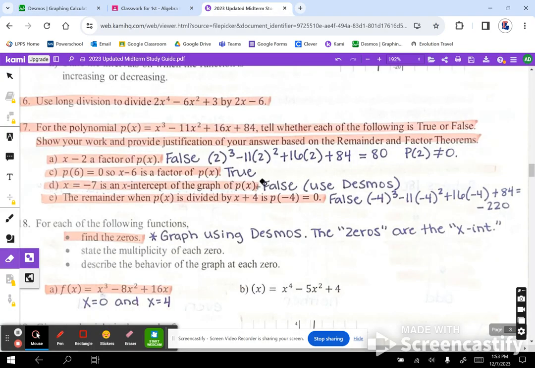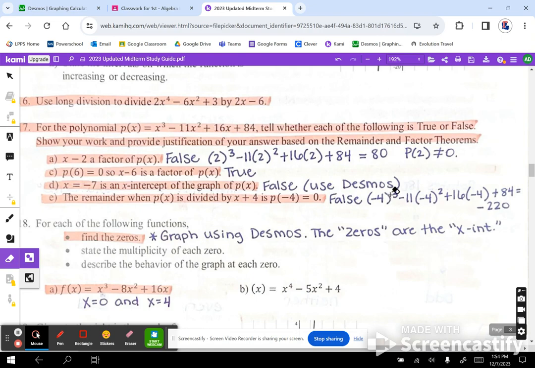So that's false, okay? So part A is false because I didn't get that P of 2 is 0. 6 is true because I did get that P of 6 was 0. D is false because if you use Desmos, you'll see that it doesn't go. And then the remainder, when this equation is divided by x plus 4, you're going to substitute in negative 4 for your A value.